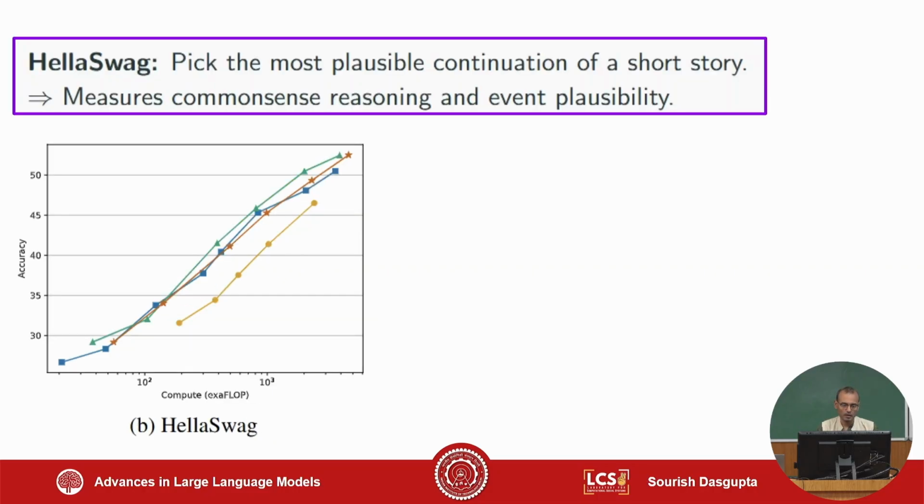HellaSwag, again, that's basically a task where you pick the most plausible continuation of a short story. So you are given multiple options and the model has to choose one. Over there also you'll see that the same thing is happening. It's performing as good as the other models.